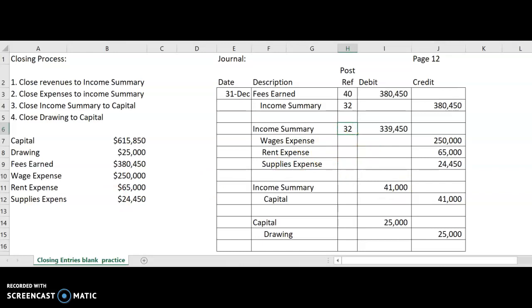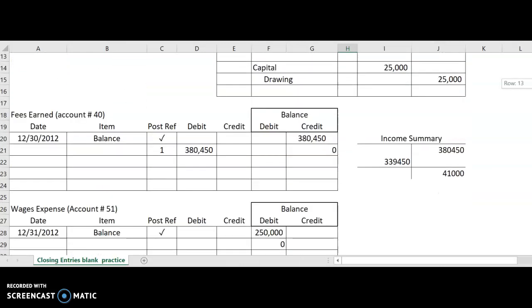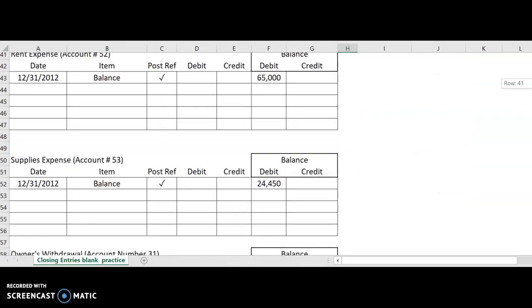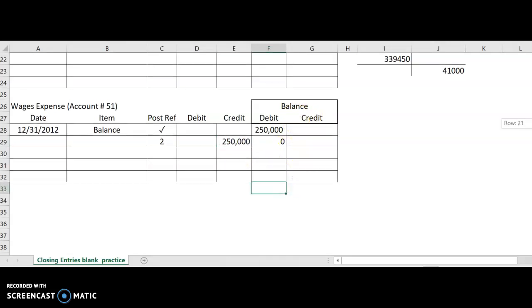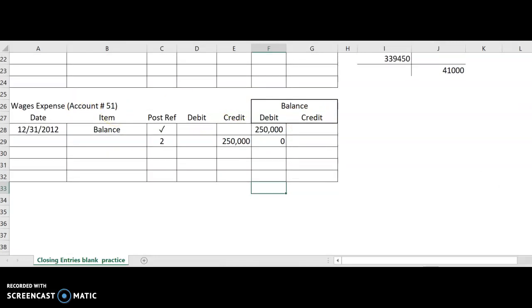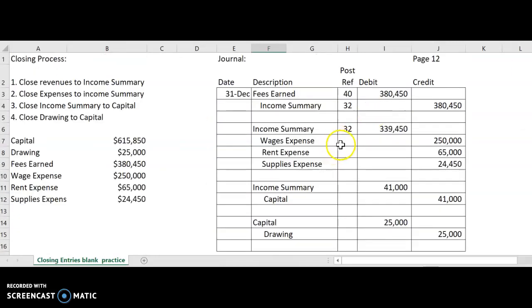Wages expense is $250,000, so I would go down to wages expense, and this is journal entry number 2, and I credited wages expense for $250,000. So now it has a balance of 0, and I can go back up. This is wages expense account number 51. So I would post that 51, and now I'll do rent expense, $65,000.